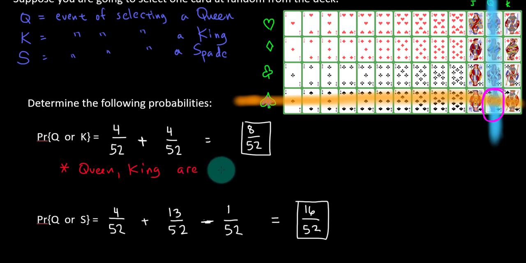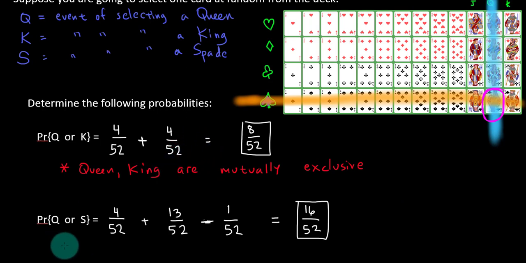They are. So there was no way to double count in this first example, because the 4 queens and the 4 kings, there was no overlap. They cannot occur together. So that was in essence why there was no need to subtract here.